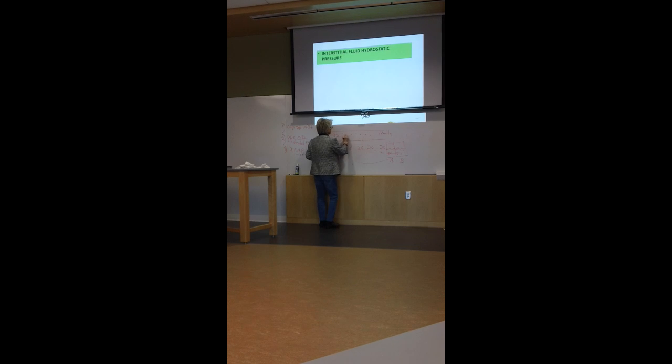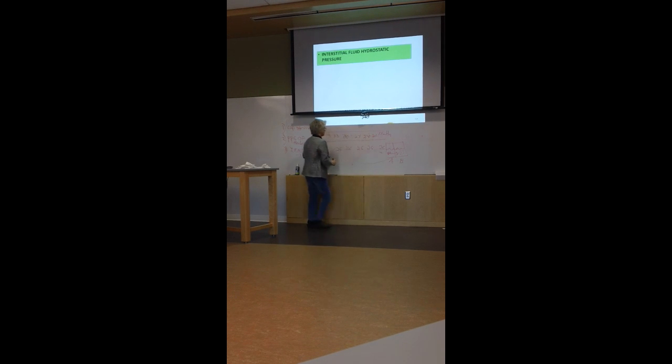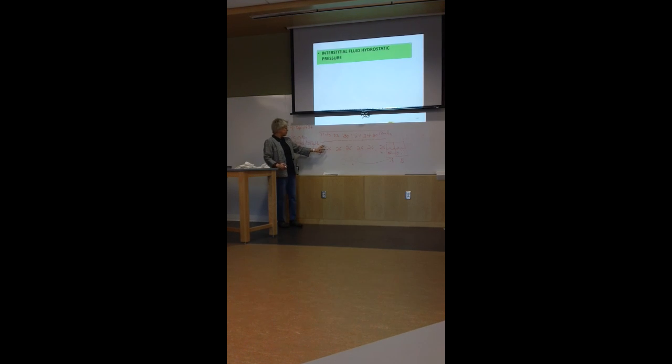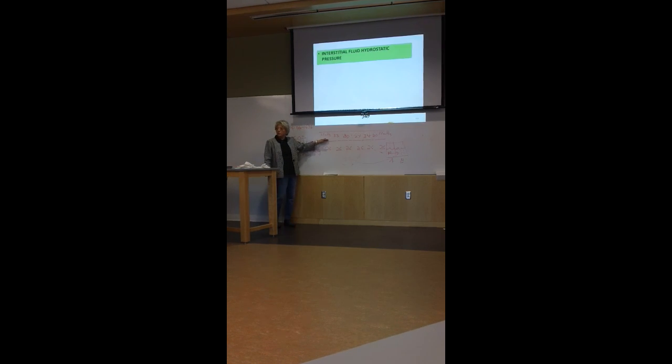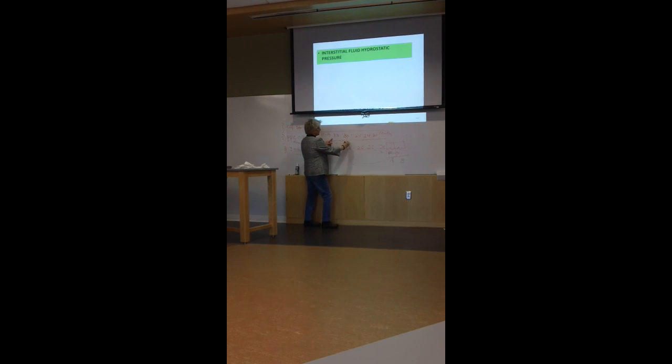33, 30, 27, 24, 20. Okay? Here the pressure is 37. Here it's 26. Who's going to win? Are we going to have net filtration or net reabsorption? Think about it. Filtration, right, 37 is higher than 26, so here you're going to have net filtration. 33 is still higher. 30 is still higher. 27 is still higher.